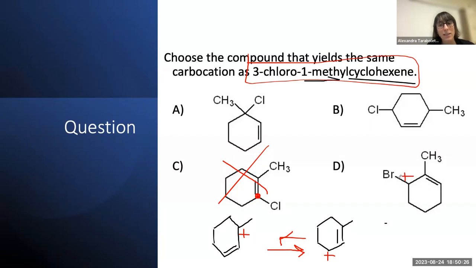So it would be like a positive charge, methyl, double bond. And this can also resonate, but does it resonate to form one of these scenarios? It doesn't actually, because of the positioning of where the methyl is and the charge. See how now the methyl is between the double bond and the charge? So it actually doesn't happen on D.